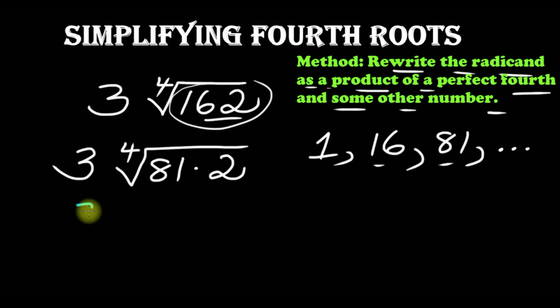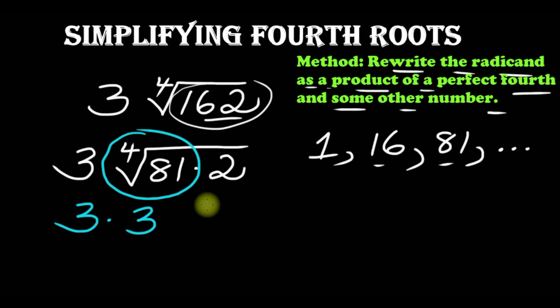Continue with this. We bring down the 3. And we know what this number is. The fourth root of 81, well, that's going to be 3. And then the fourth root of 2, well, we don't know what the fourth root of 2 is, so we just leave it alone.